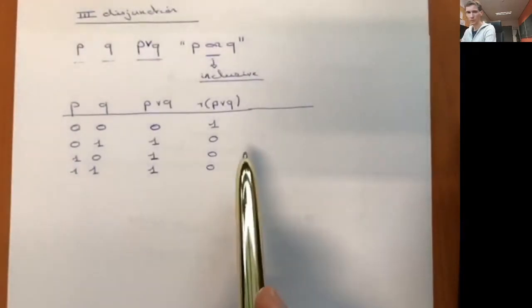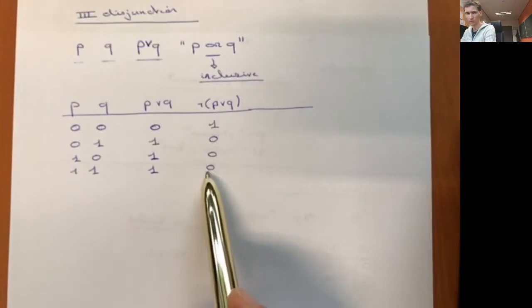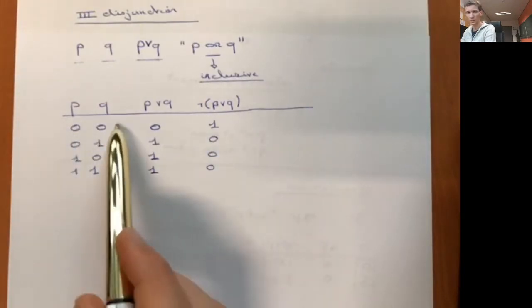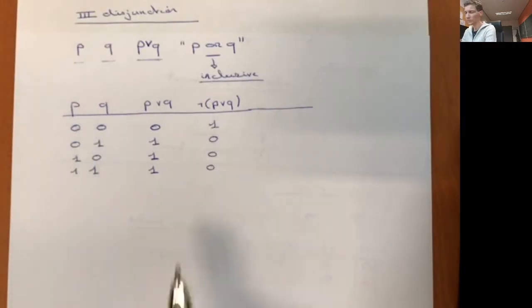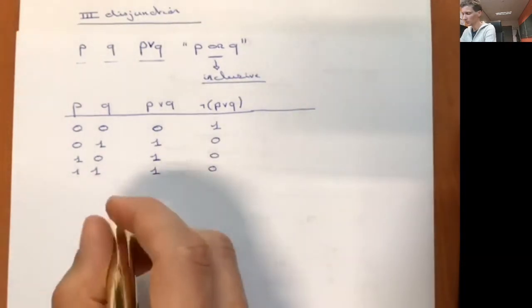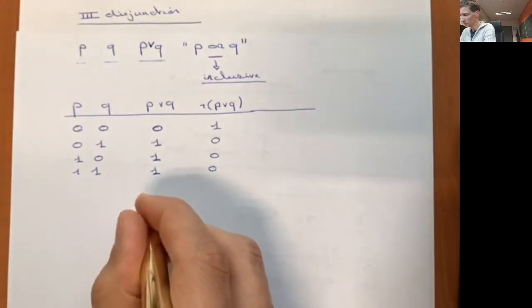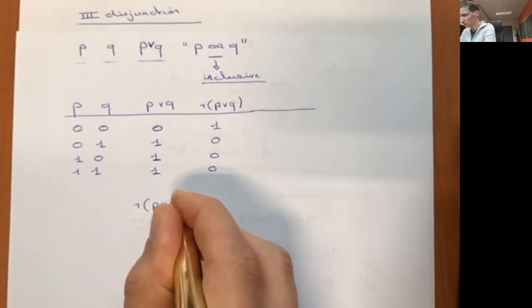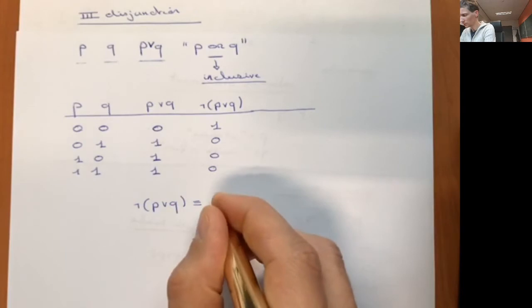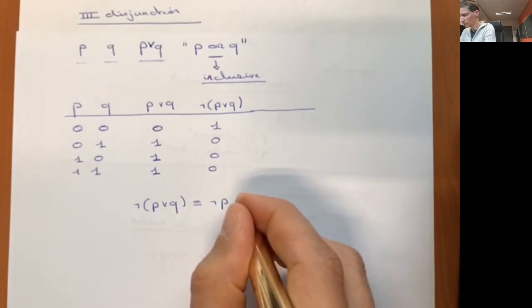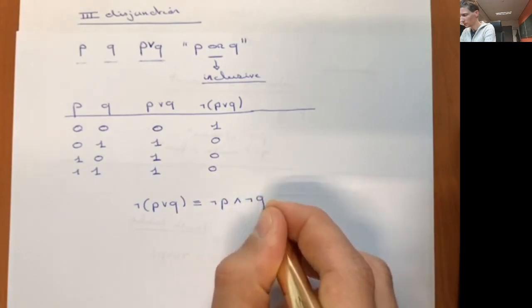If we negate P or Q, I also get 1, 0, 0, 0. So independent of the value of P and Q, we always get the same truth value of these two formulas, which means that they are the same. They're the same formula. So not (P or Q) is the same formula as not P and not Q.